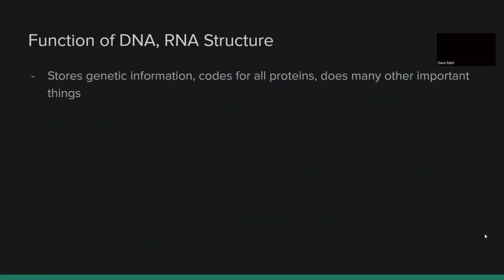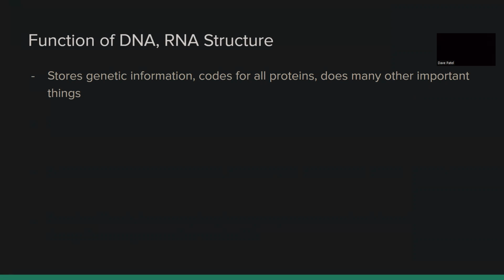The function of DNA, there's a whole host of things, but the main one is that it stores genetic information. What that means is it contains genes, which are used to determine many observable phenotypes, like your eye color, your hair color, for example.